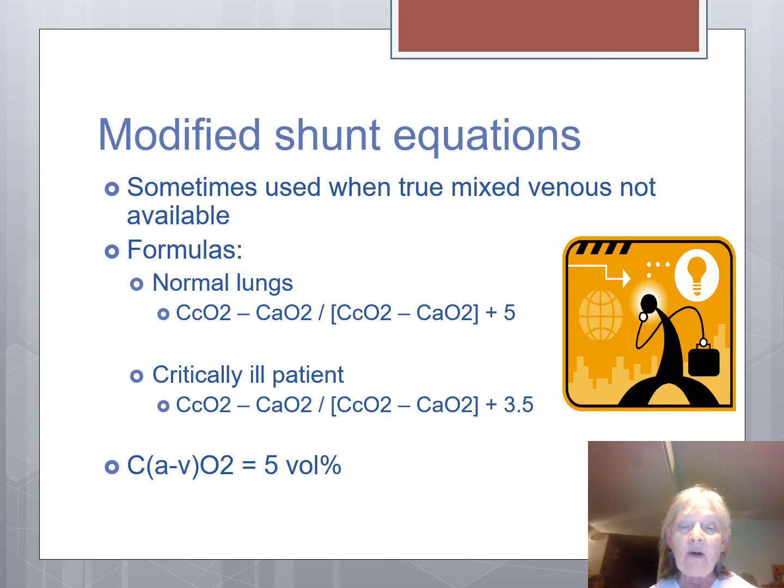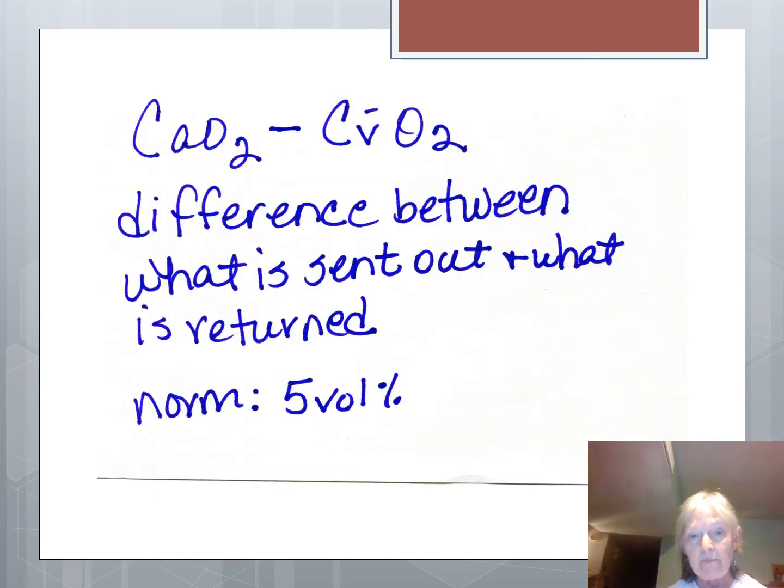And then the amount of oxygen that's actually being used by the tissues is another thing that affects this. So there it is again: CaO2 minus CvO2, the difference between what we've sent out and what is being returned. The norm is about 5%.